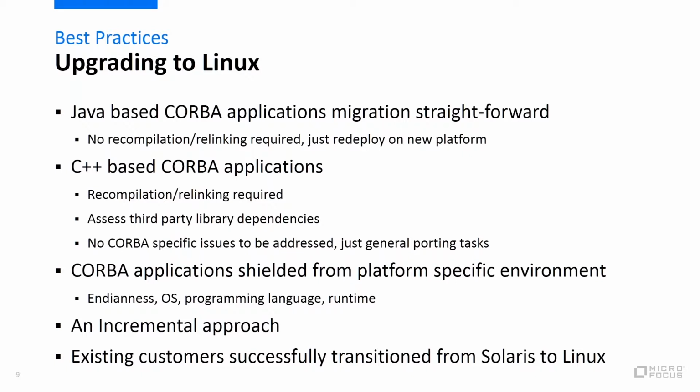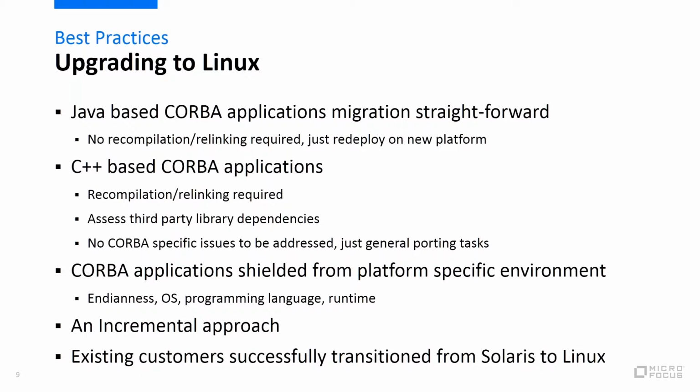So that's basically the advantage of Java as a cross-platform technology. From a C++ point of view, things look a little bit different, and you will have to recompile and rebuild your application. However, from a pure CORBA perspective, you do not have to address any CORBA-specific issues.